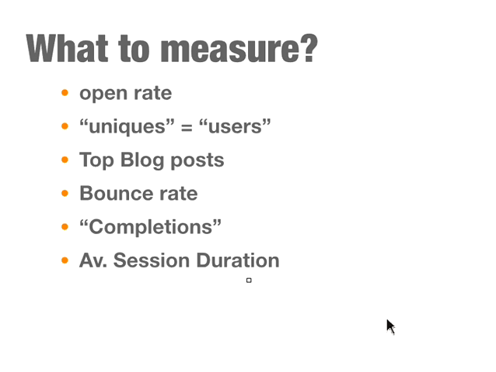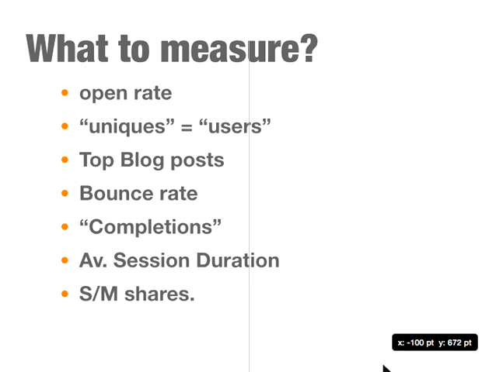Also, average session duration, which I've already mentioned, is really an important indication of how interesting or rich your site is. And then finally, social media shares. I put that last because to me it's an interesting indicator.